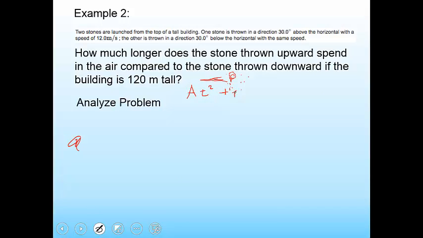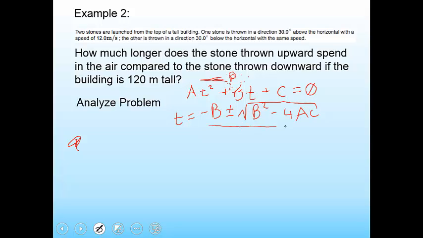For a t squared plus b t plus c equals 0, t is equal to minus b plus or minus the square root of b squared minus 4ac, all over 2a. Plugging this in, in this case a is equal to 1/2 g, b is equal to v naught y, and c is equal to minus delta y.